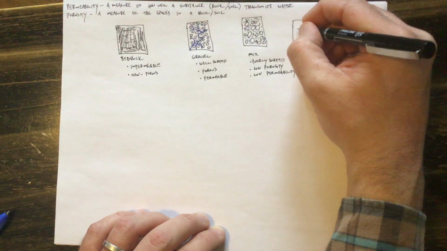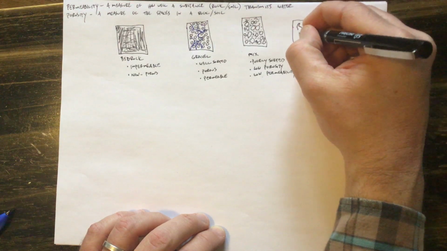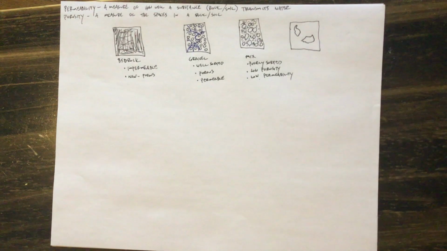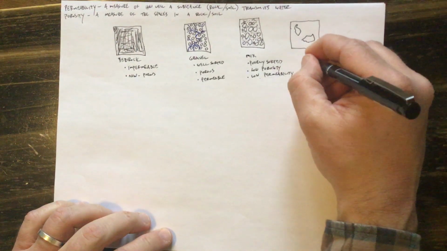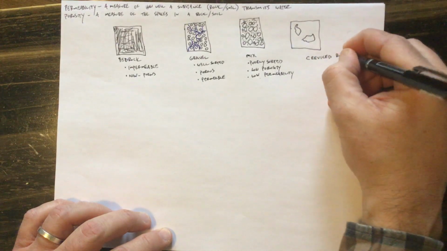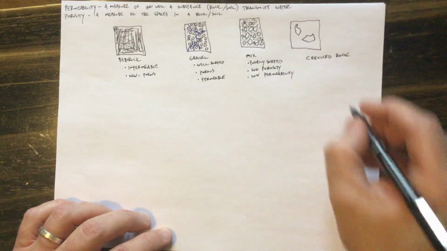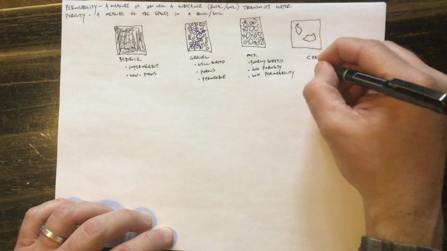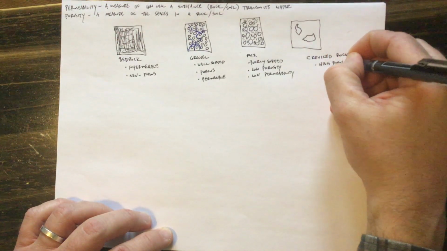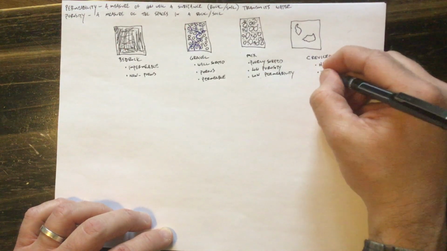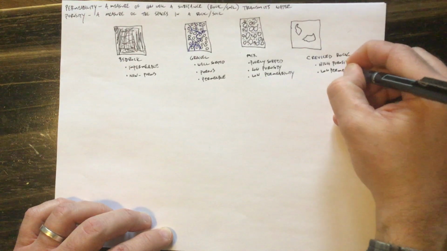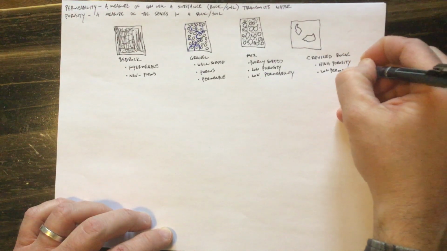And then the final thing I'm going to draw here is what we're going to call creviced rock. Creviced rock has high porosity because it has a bunch of holes in it, but low permeability.